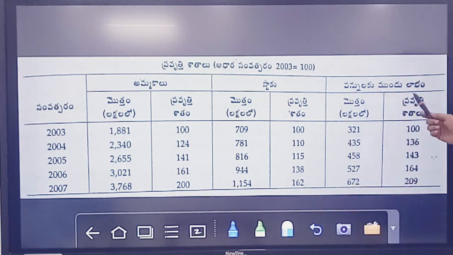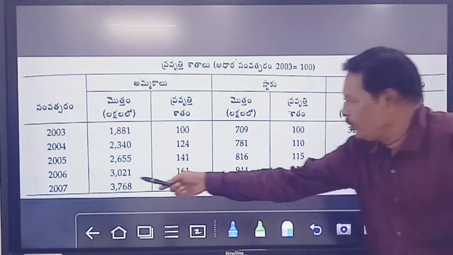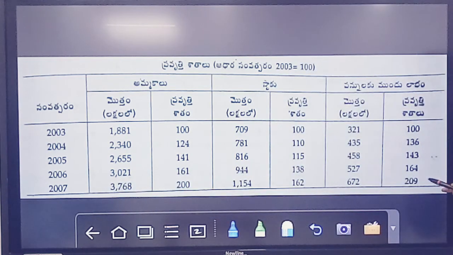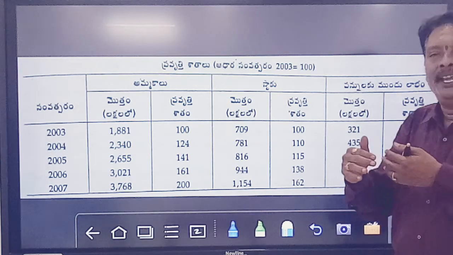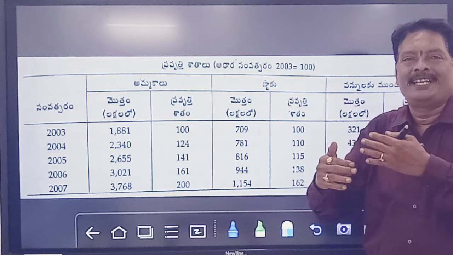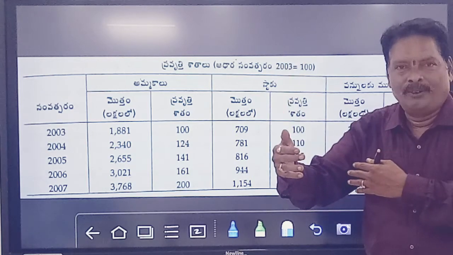Like this, here profit before tax, first for 2003 100%, whereas in 2007 209%. Here the profits are increased more than twice. Why?